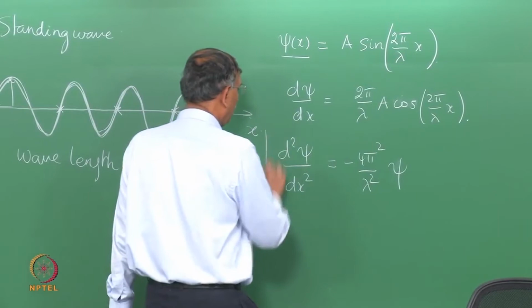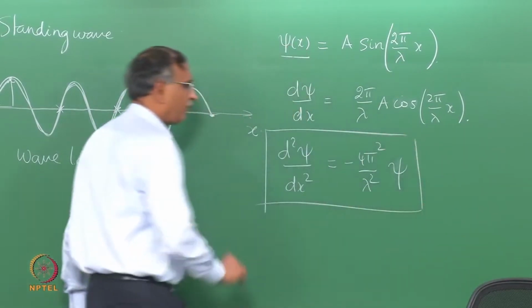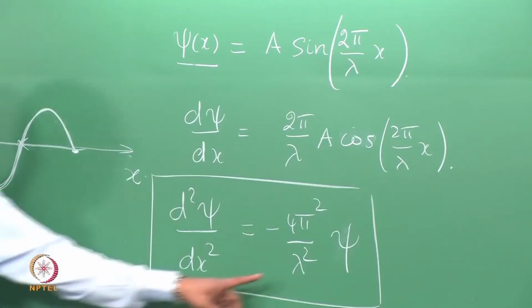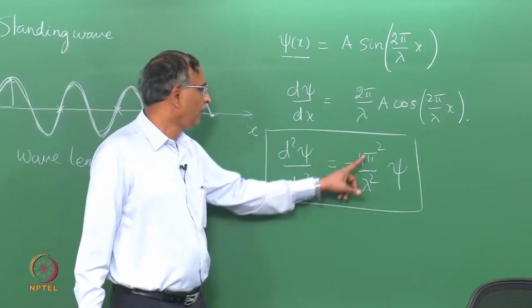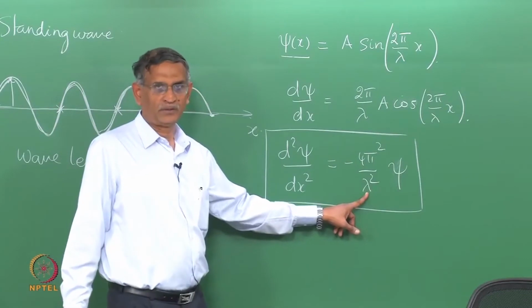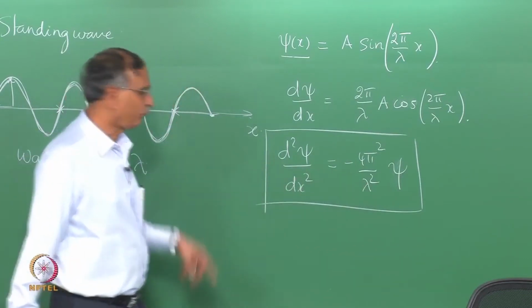Therefore you see that the standing wave satisfies the differential equation for d square psi by dx square, where psi is the amplitude of the wave and lambda is the wavelength associated with it.